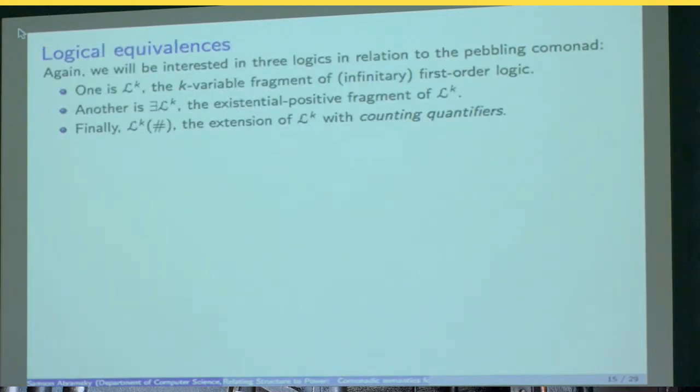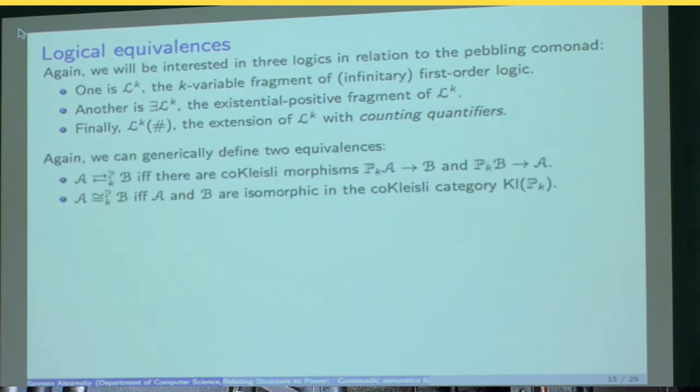fixed variable fragment. So again, we have three languages indexed by a resource parameter. This is now the k-variable fragment of first-order logic, its existential positive version, and its extension with counting quantifiers.